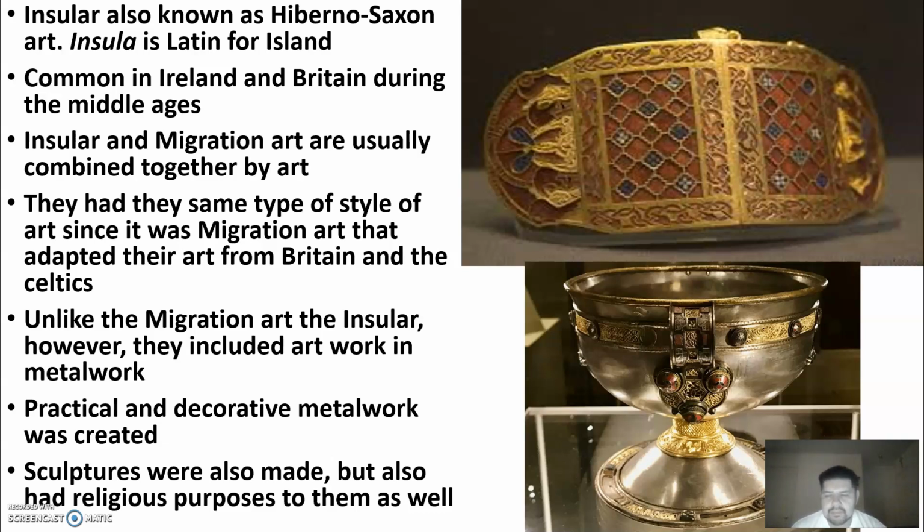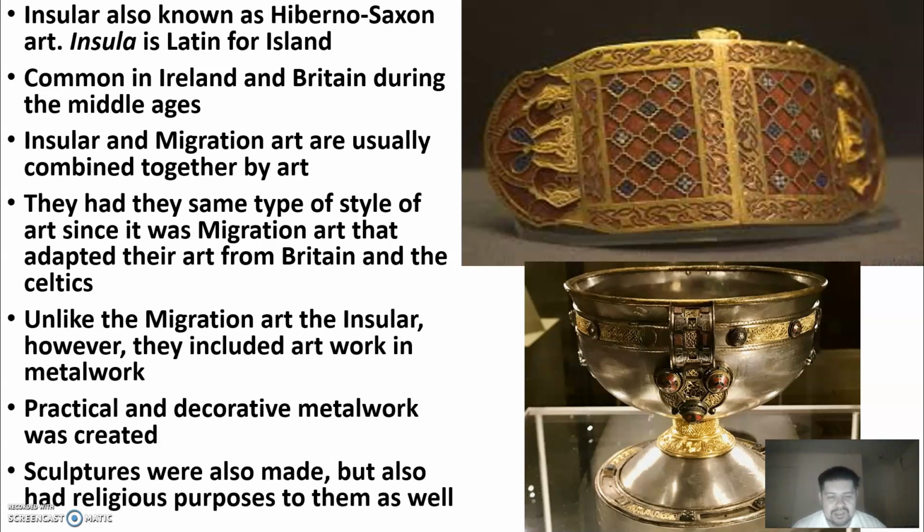They had the same type of artistic style, because they adapted from the British and the Celtics. But what made the insular artwork unique is that they really focused on metalwork. If you look to the right, there are two pictures.